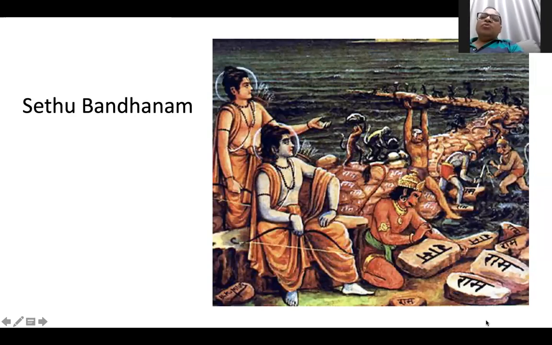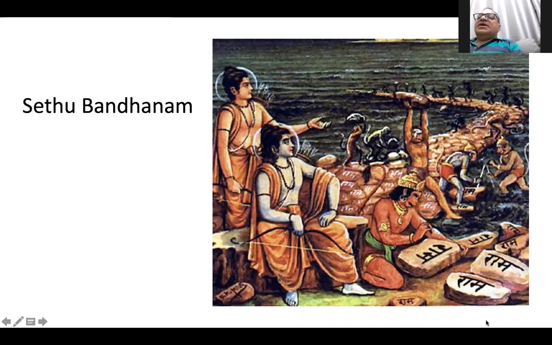So, which is proved. The Setu Bridge, which was constructed by Rama and the Vanaras so many millions of years before, is still intact below the sea. And NASA has taken the pictures. In the modern day, there was all the controversy, and it was to be broken, and then they said it need not be broken.